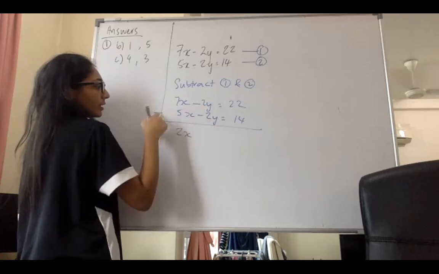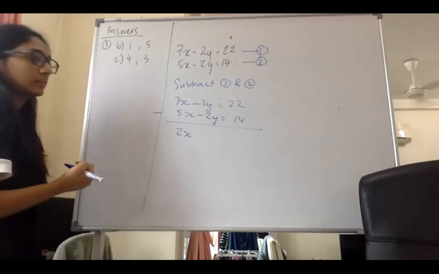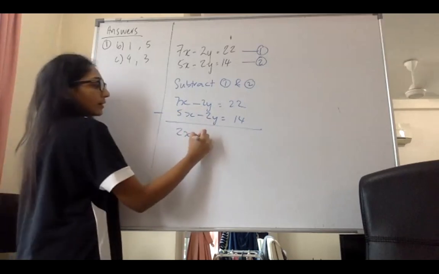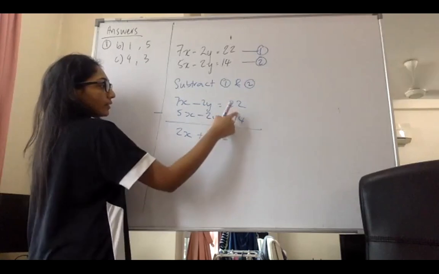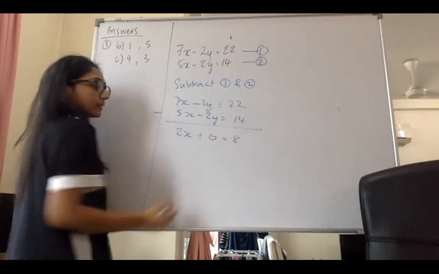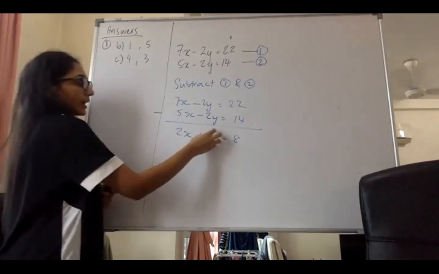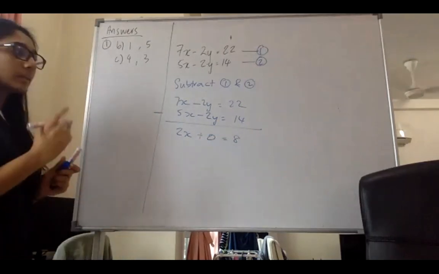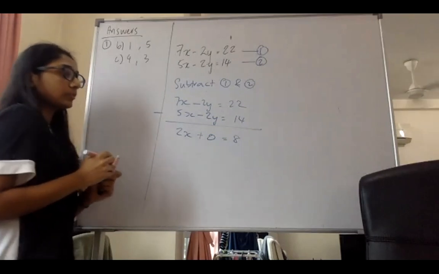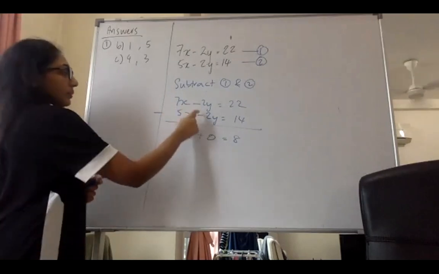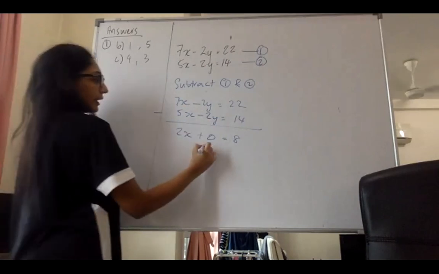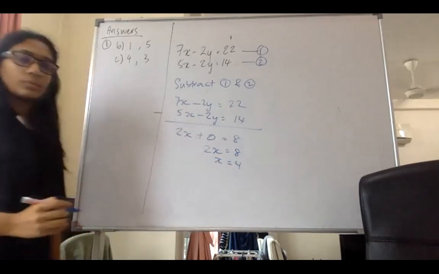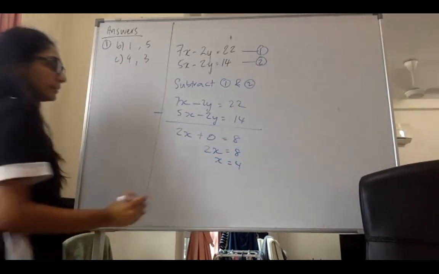Minus 2y minus 2y, minus and minus becomes plus, so minus 2y and plus 2y will become 0. And then 22 minus 14 is 8. That means to eliminate y, same sign, you subtract. And then 2x becomes 8, x becomes 4. Okay?